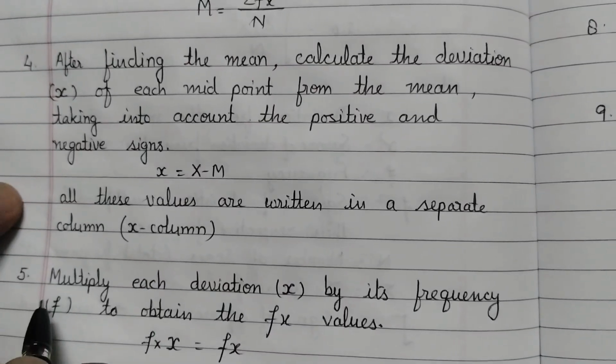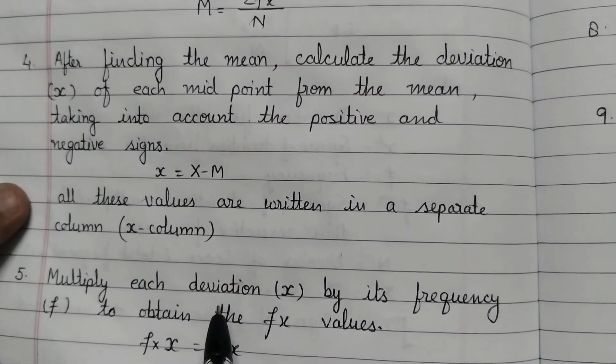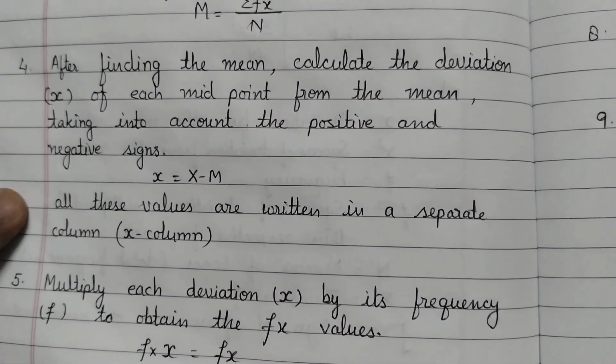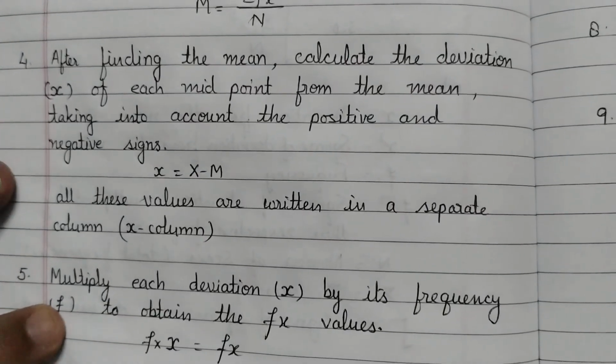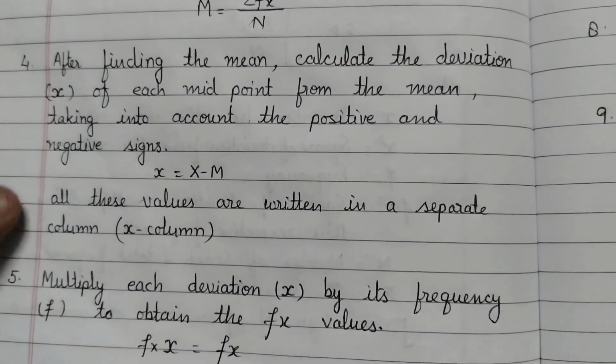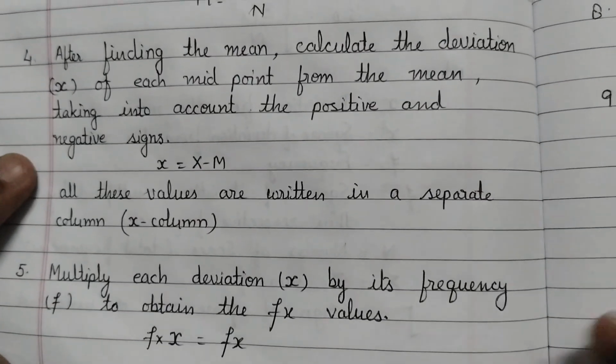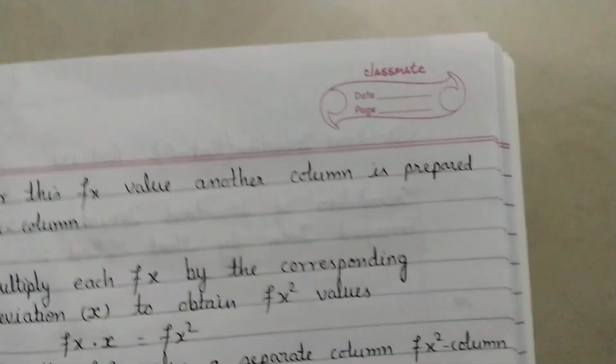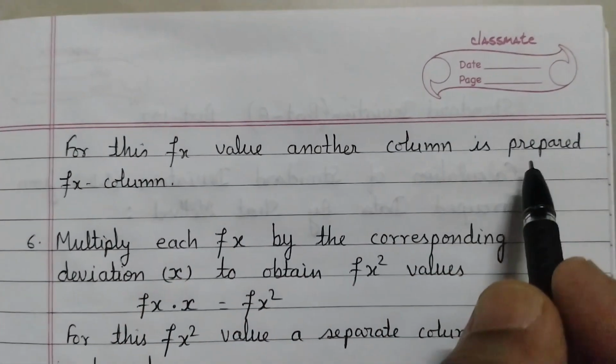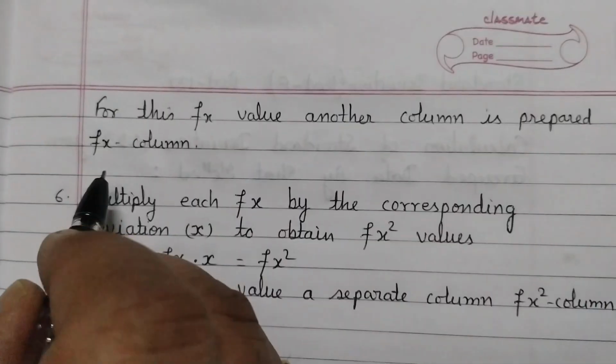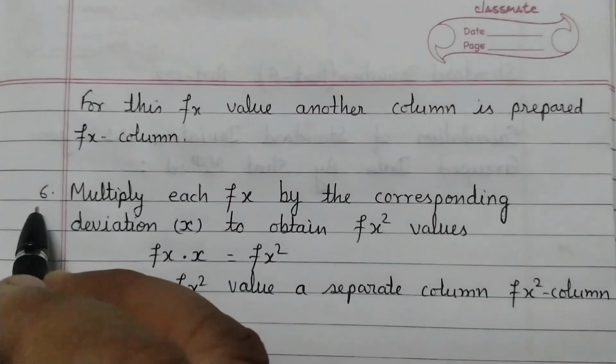Fifth step is to multiply each deviation x by its frequency f to obtain the fx values. F multiplied by x is equal to fx. For these fx values, another column is prepared that is known as fx column.